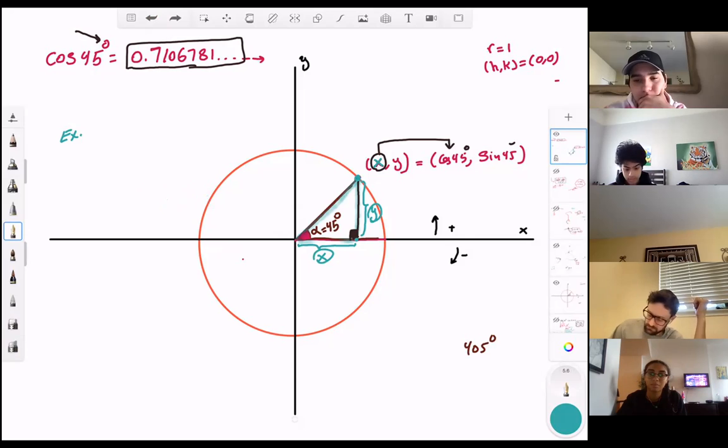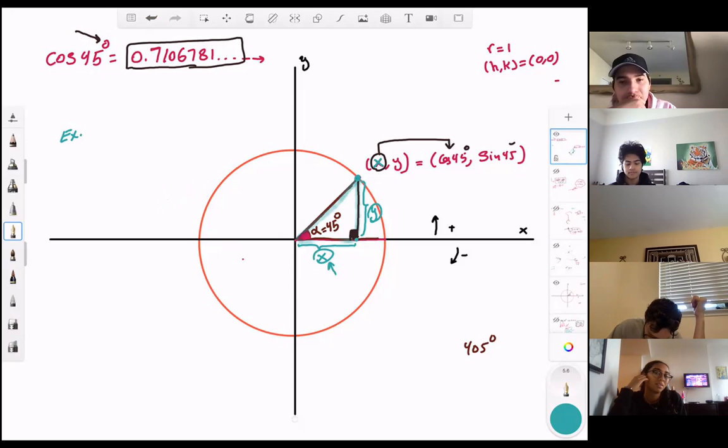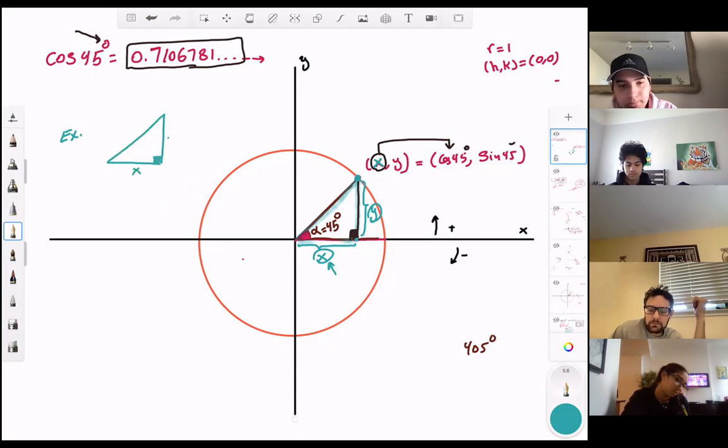So if we solve for X here, then we solve for cosine of 45. We have a right triangle. I'm going to make it here. This is 90 degree. This is X we are looking for. That's Y. What else do we know?